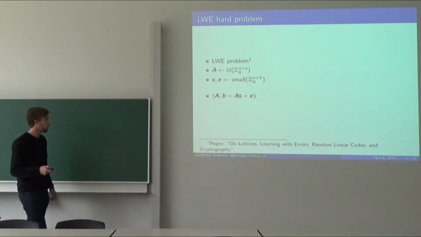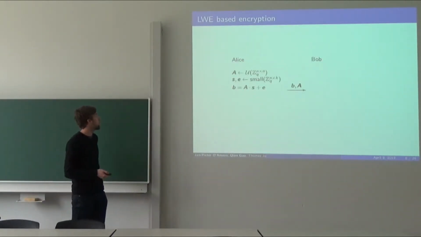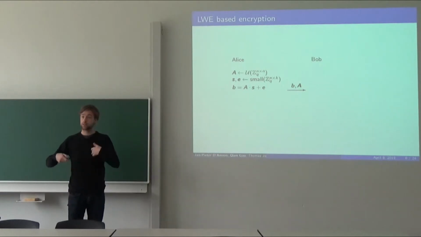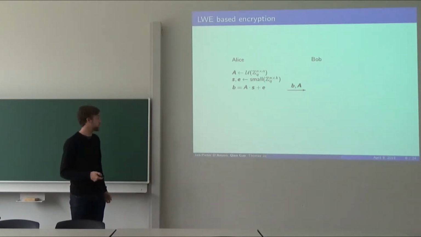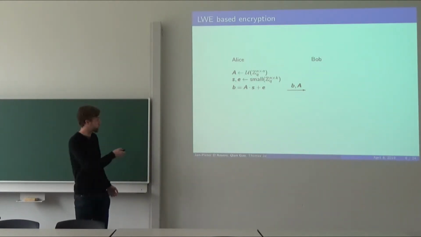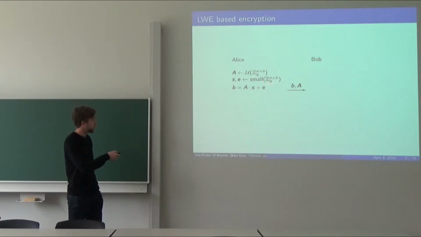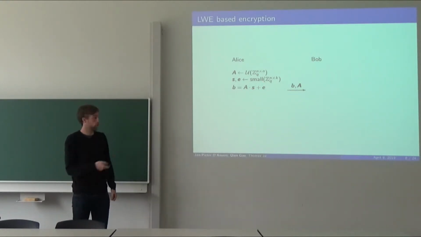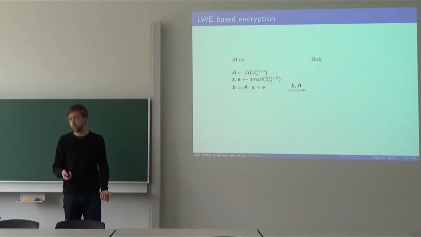Okay. So how do we make an LWE-based encryption scheme with this? Well, the first thing Alice does is just generate one of these LWE samples, and she sends this over to Bob. Now the secret and this e are secure because of the LWE assumption.